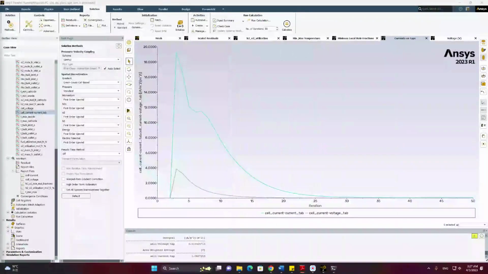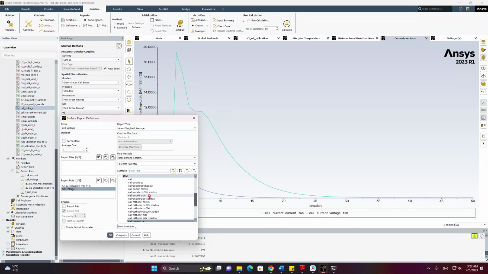So if we go to the anode side, we want to compute the cell voltage, and we try to compute at the voltage tab, compute, get 0.